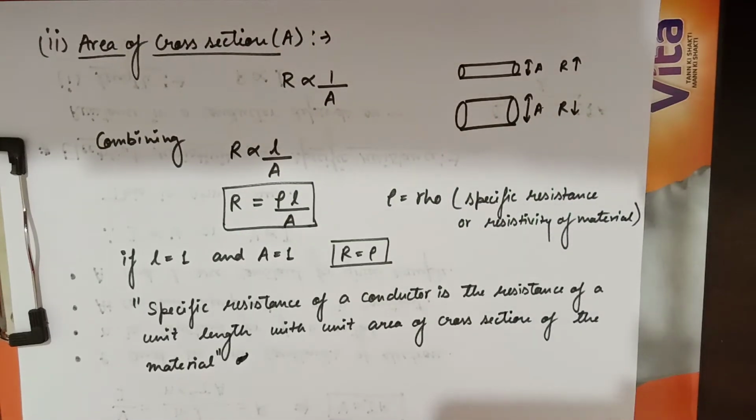If L equals 1 unit and the area of cross section is also 1 unit, then R is equal to ρ. So from this equation we can define specific resistance as the resistance of a unit length with unit area of cross section of the material.